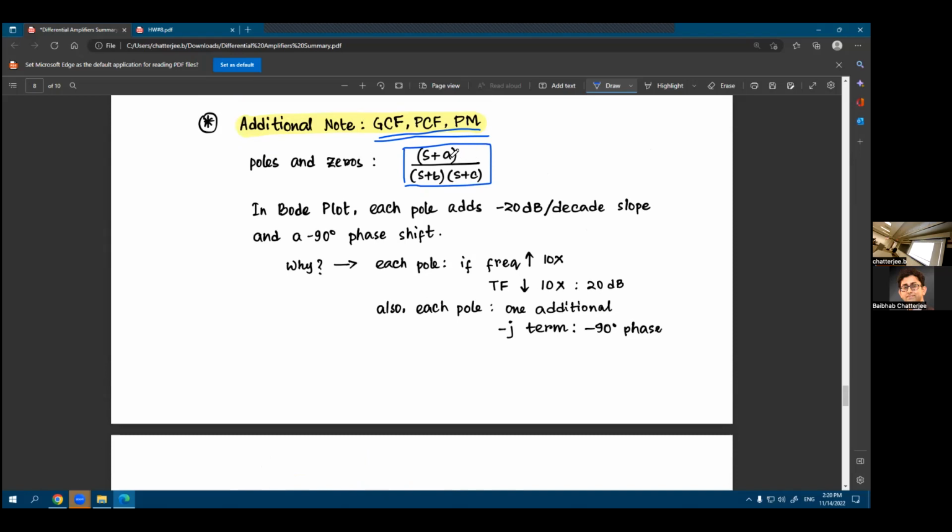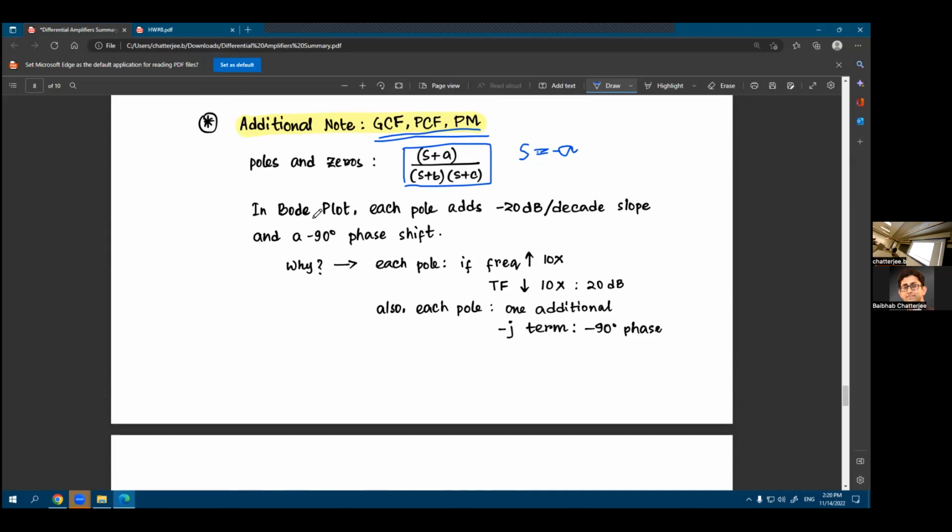When s is equal to minus a, what will happen to the numerator? The numerator will become 0, right? So that's why at s equal to minus a, you have a zero. Similarly, when s equals minus b or s equals minus c, your denominator becomes 0. And that's the location of the pole. That's how the poles and zeros are defined.